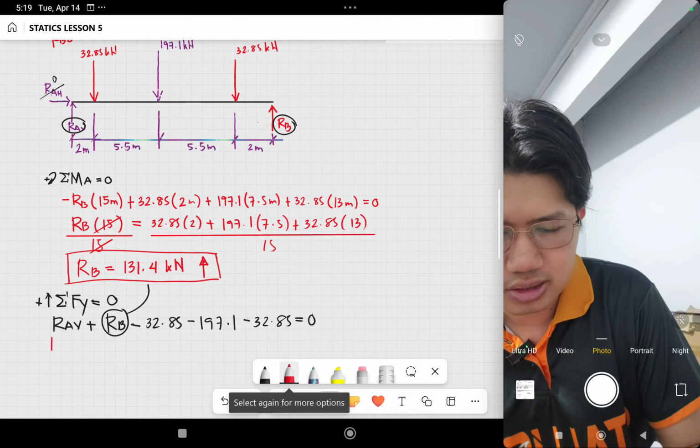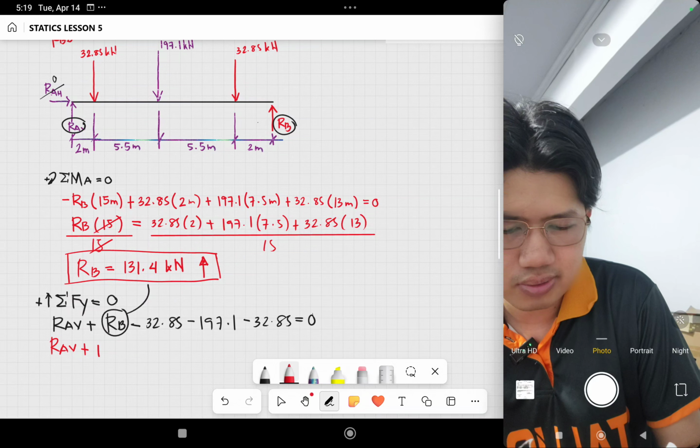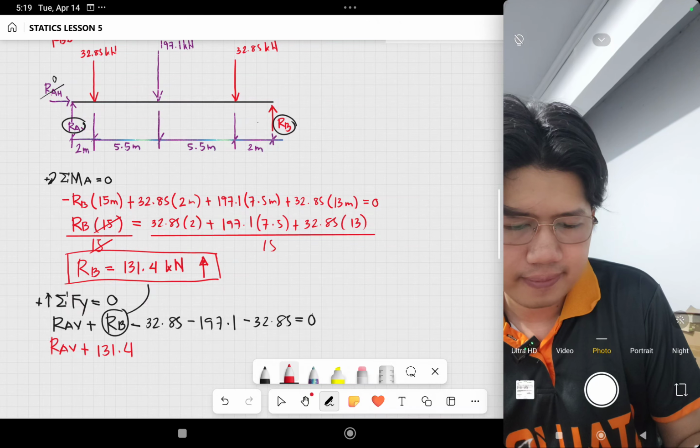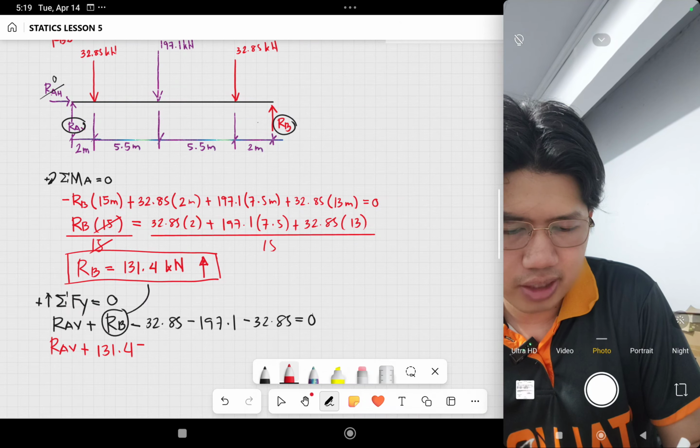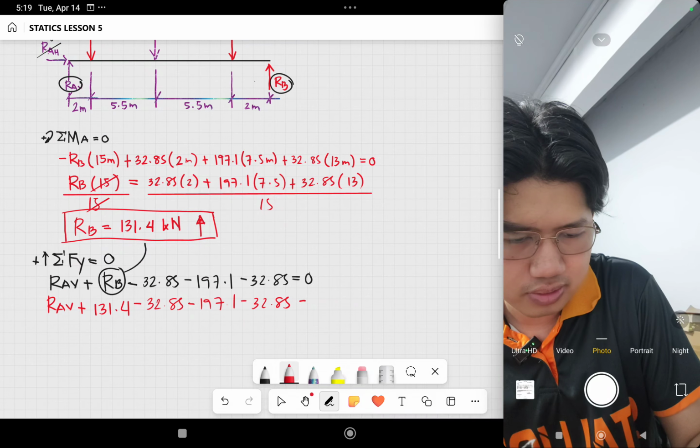So that is RAV plus 131.4 minus 32.85 minus 197.1 minus 32.85 equals to 0.